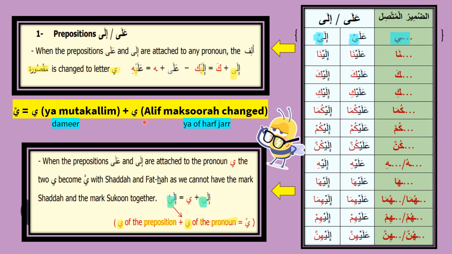And the next thing is another. The damir ya mutakallim changes to another ya. So now there are two yas: the ya mutakallim and the ya that the alif makhsura changed to. So we have two yas to attach with ala and ila.